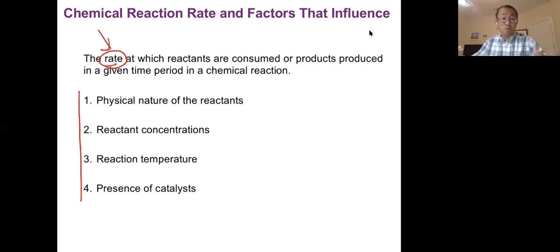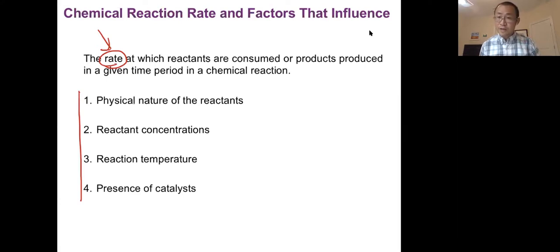What does rate mean? Rate means speed. Basically it means how fast or how slow the reaction is. Higher rate, the reaction is faster. Lower rate, the reaction is slower. Rate is nothing fancy but speed. So how do these four factors affect the speed of a reaction?